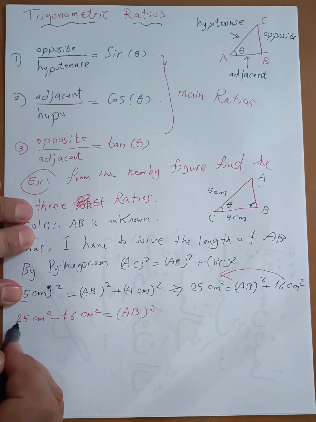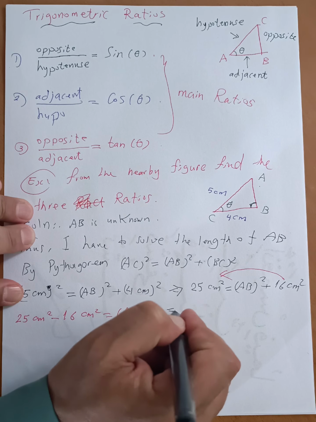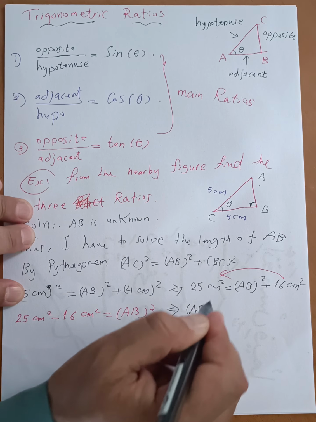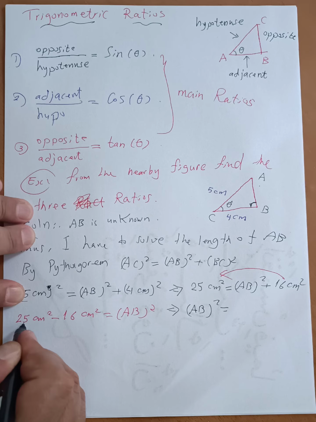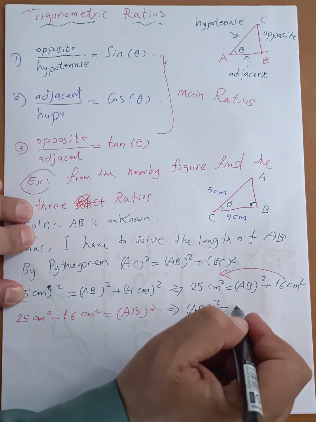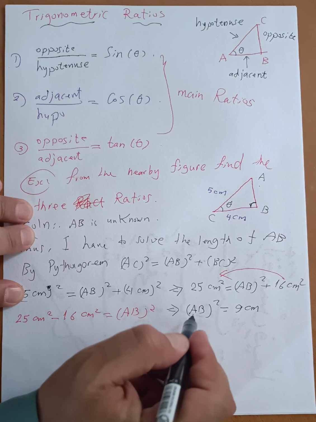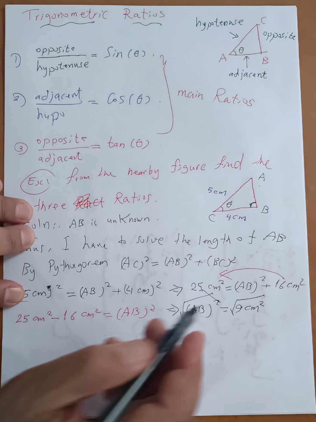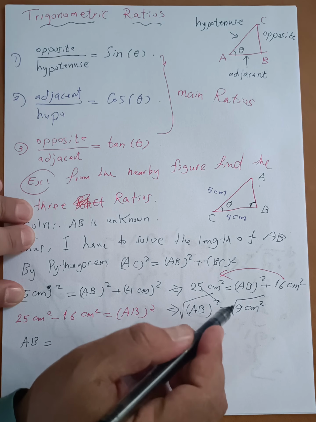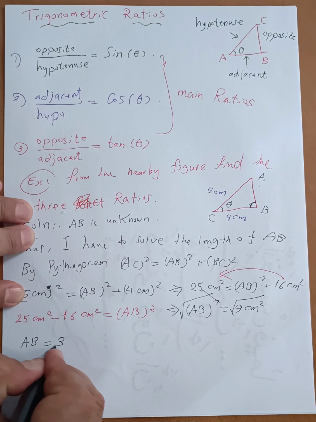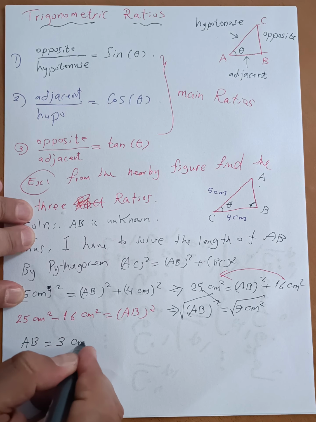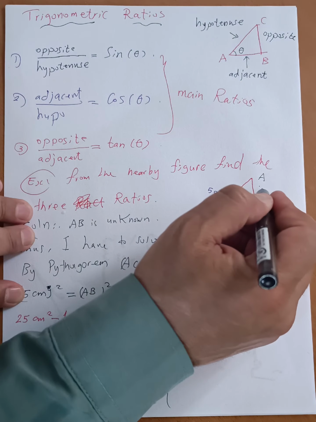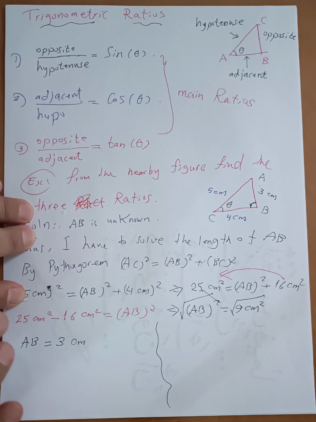AB squared equals 25 minus 16, 9 centimeters squared, and by taking the square root of both sides, AB equals the square root of 9, it is 3 centimeters. Now I have got the length of AB, it is 3 centimeters.